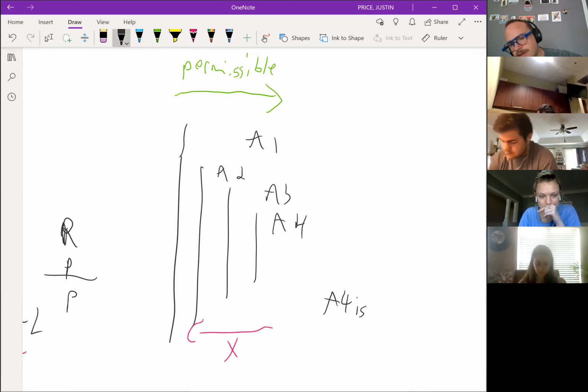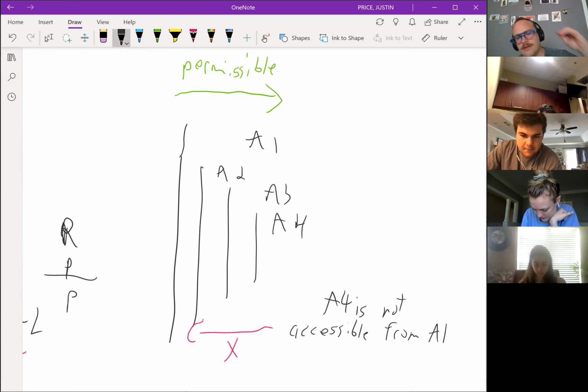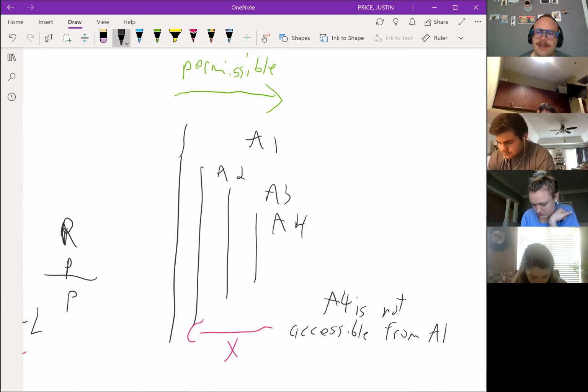A4 is not accessible from A1, but A1 is accessible from A4.